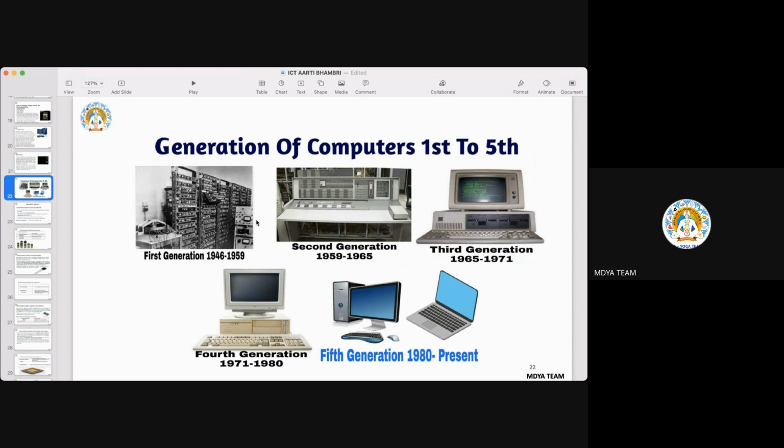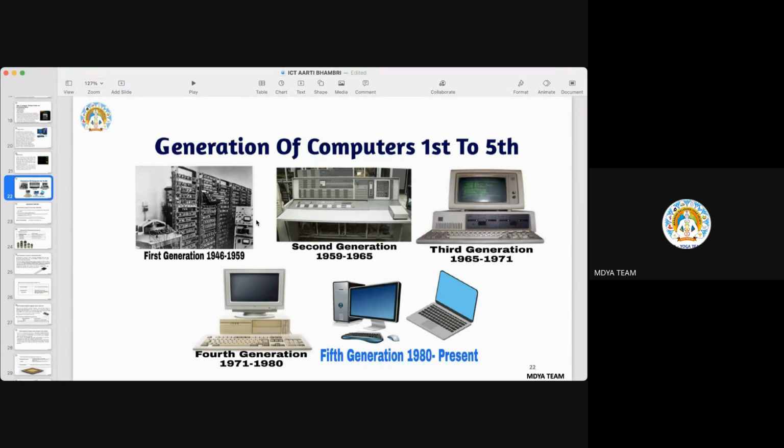So there may be a question on the generation of computers. They may ask the time limit, or they'll give some name: this computer belongs to which generation, first, second, third, fourth, or fifth. Generally, this year, I don't think they ask, but they may.